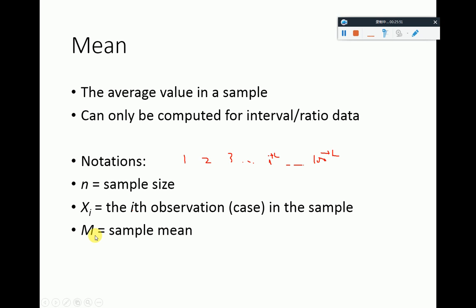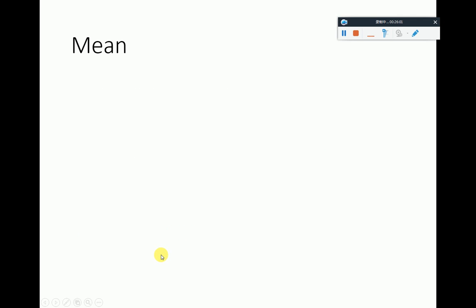And then we use m as the sample mean. That makes sense because m is the first letter of the word mean. So mathematically, we express mean with this expression. First of all, we have the summation, the sum of all individual values in a sample.